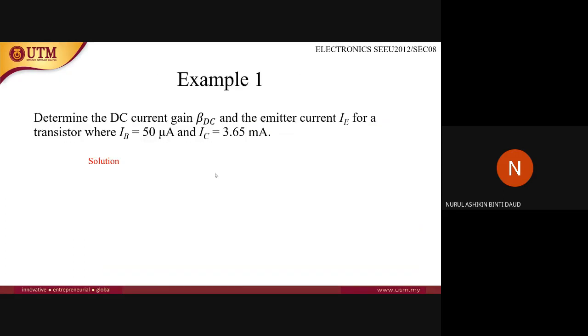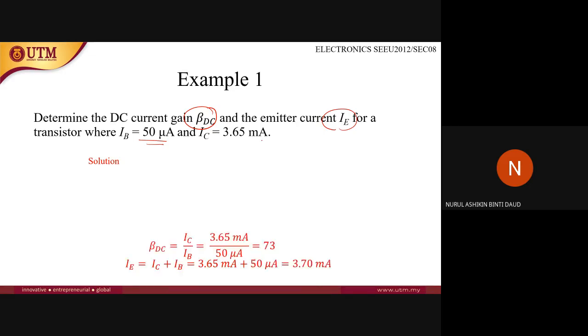Okay, let's do example one. Determine the DC current gain beta DC and the emitter current IE for a transistor where IB is equal to 50 microampere and IC is 3.65 milliampere. So how to solve this?